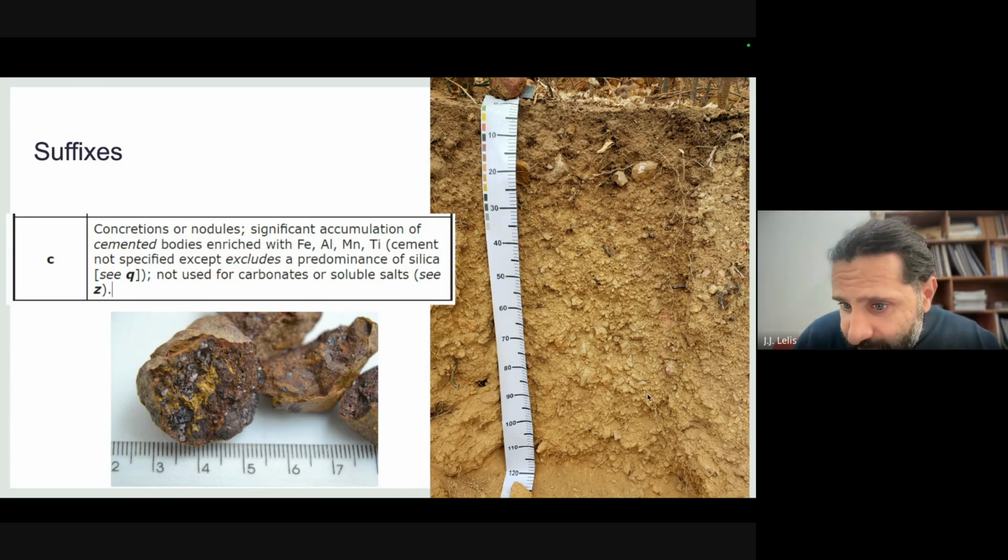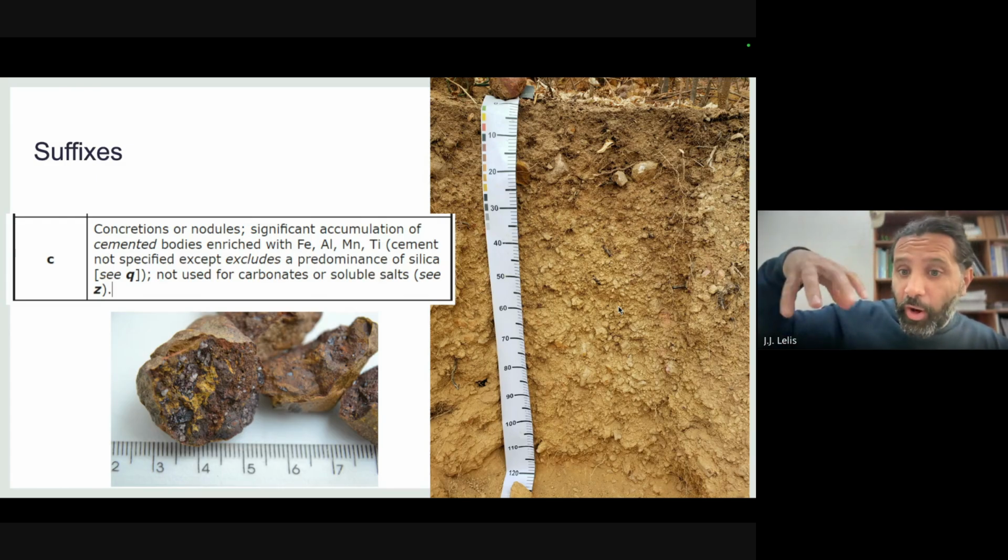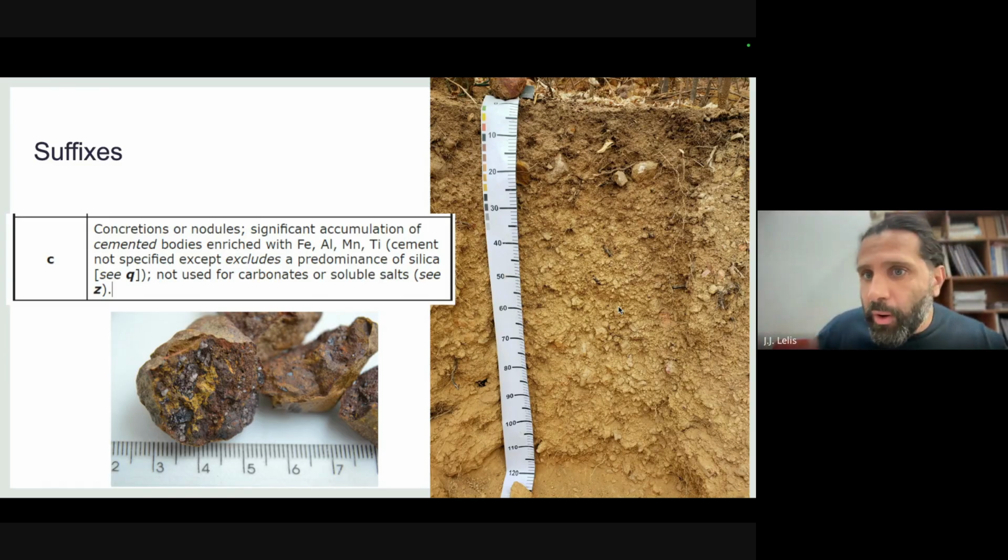Not in this case, you can see roots even here, close to 110 centimeters depth, but in some cases, the content of concretions and nodules is quite high, and because of this, the roots can have problems to grow, and of course, the agriculture will be less productive, the pasture will be less productive. Okay, it depends on the area and on the size and the amount of these concretions and nodules to have more or less problematic situations in the soil.